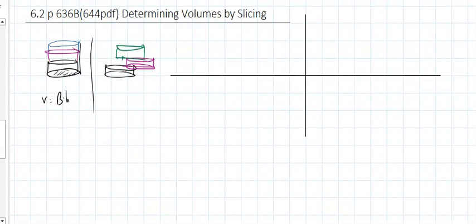So assume these are the same quarters. I just put them at different heights. The volume will still be the same.